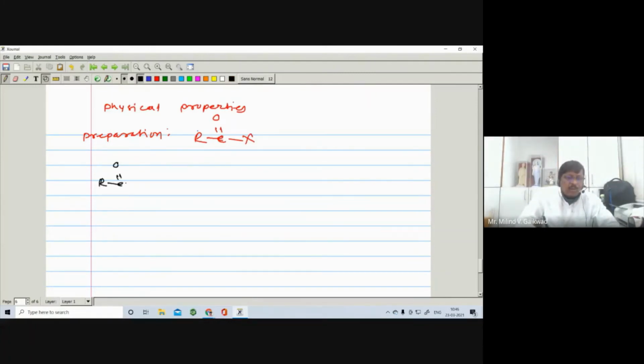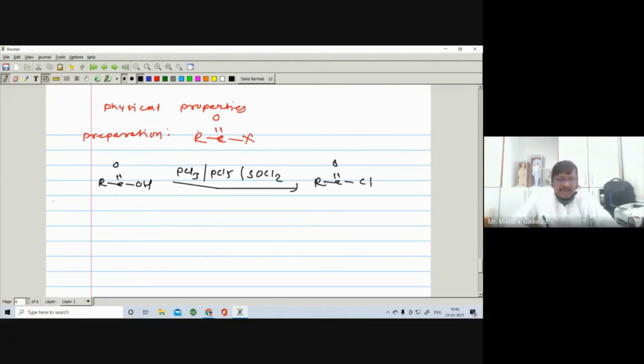Carboxylic acid RC double bond O OH, when treated with PCl3 or PCl5 or SOCl2, the OH is replaced by Cl, and there is a formation of the corresponding acid halide.